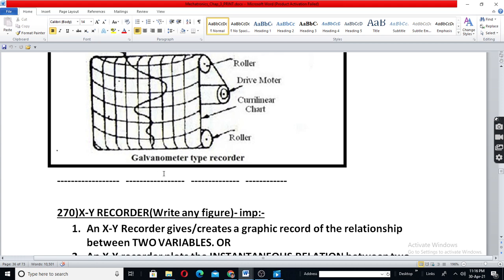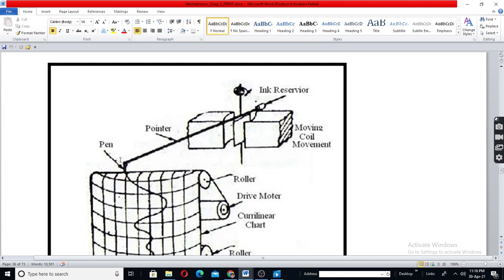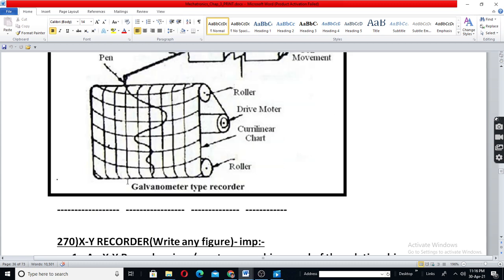This is a galvanometer type recorder, a moving coil instrument. The pen will be touching the paper. Now the x-axis lines will be curved here. The y-axis lines are linear. And it is a curvilinear chart. So you have a roller here and a motor here. This motor rotates.